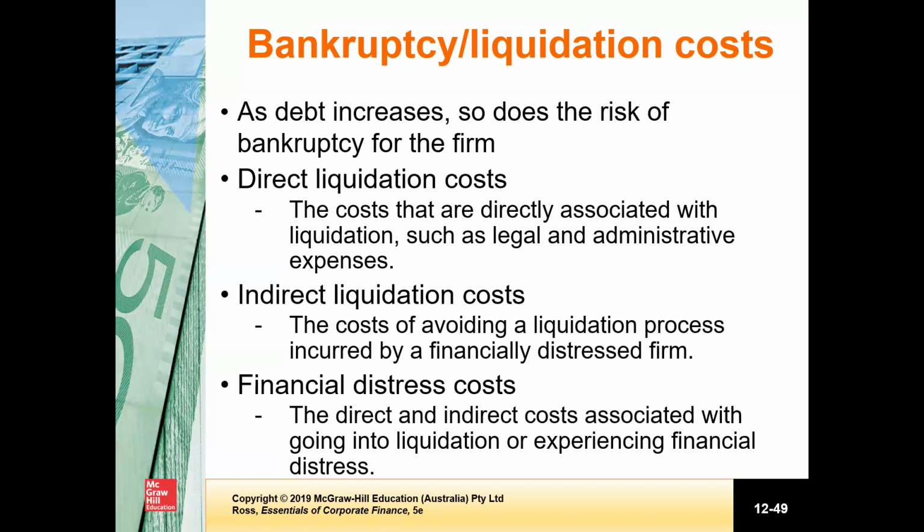As the debt equity ratio rises, so does the probability that the firm will be unable to pay its debt holders what was promised to them. When this happens, ownership of the firm's assets is ultimately transferred from shareholders to debt holders. In principle, a firm goes into liquidation when the value of its assets equals the value of its debt.